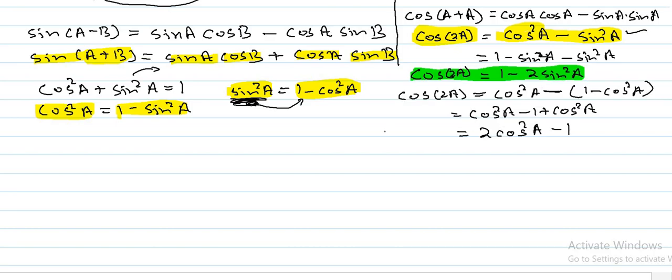So another double angle of cos 2A can be written as 2 cos squared A minus 1.